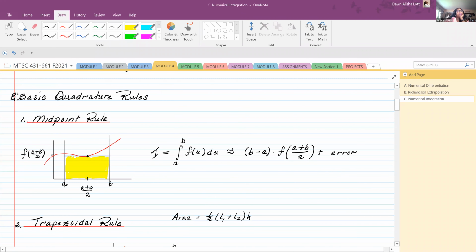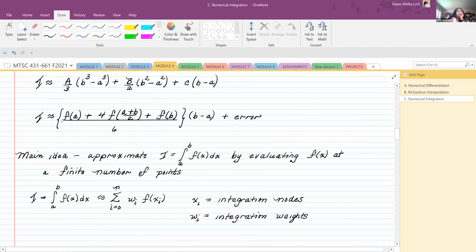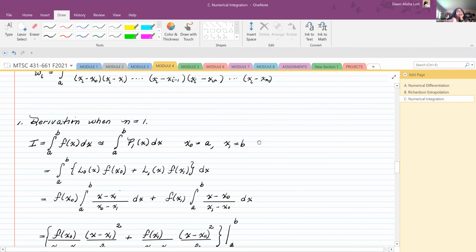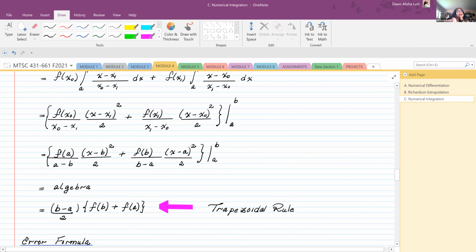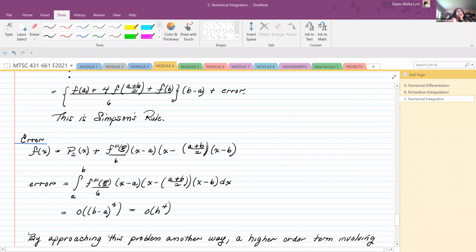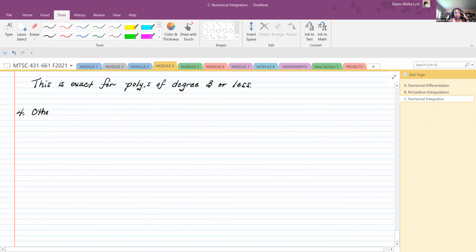Midpoint rule, trapezoidal rule. 3 was Simpson's rule. Newton-Cotes formula. 1, 2. Summary was supposed to be 3. And this is 4.